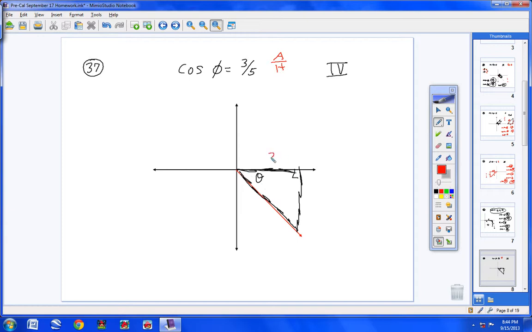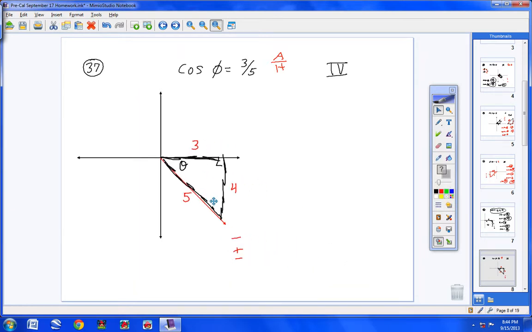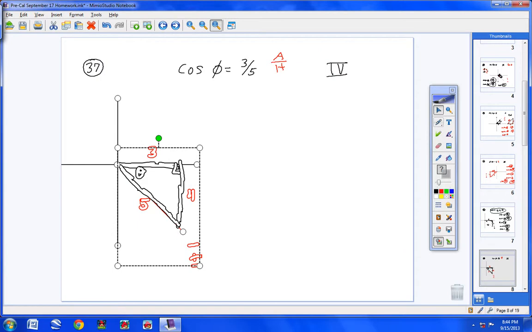Adjacent would be 3. Hypotenuse would be 5. Don't forget your sign sequence for this quadrant is negative, positive, negative. And if you use Pythagorean's theorem, 3 squared plus leg squared equals 5 squared, you will get 4 for this side right here. Okay? Trust me, you will get 4.